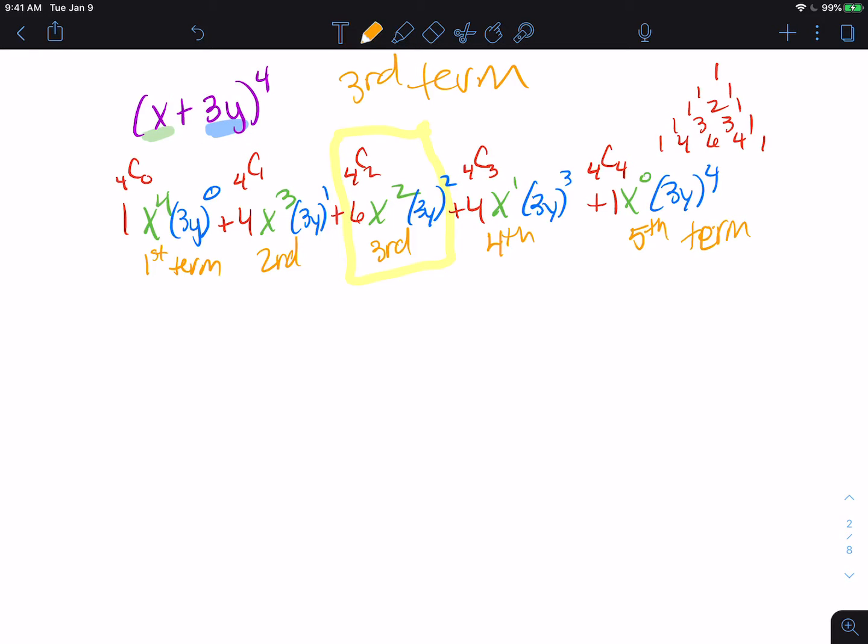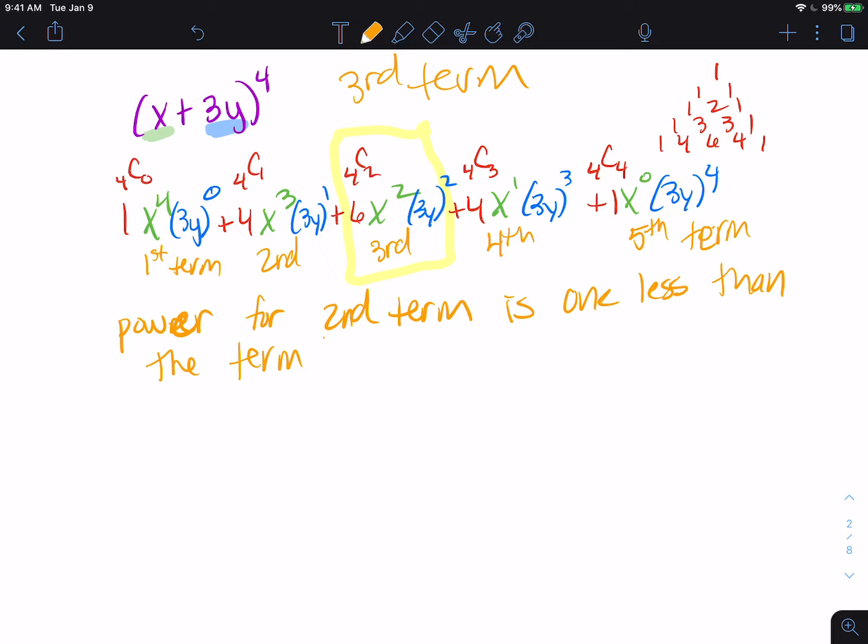So let me say that again. The power for the second term is 1 less than the term number you are looking for. And that's because, notice we start counting here at 0.